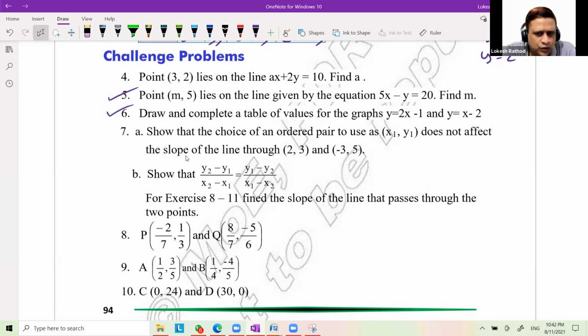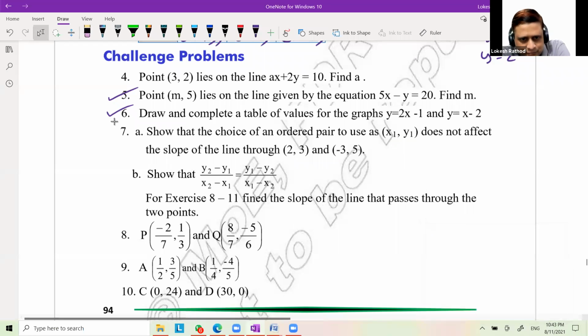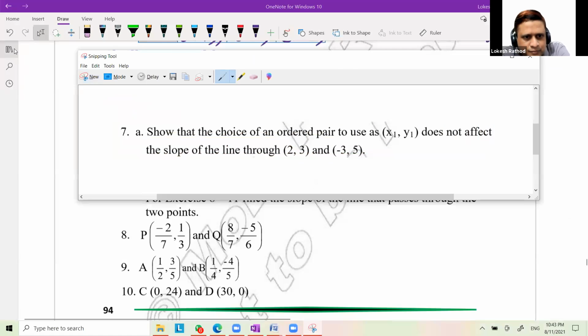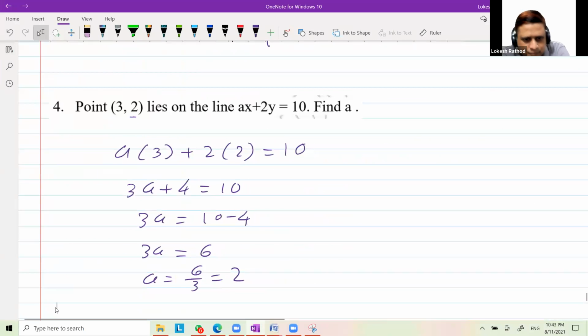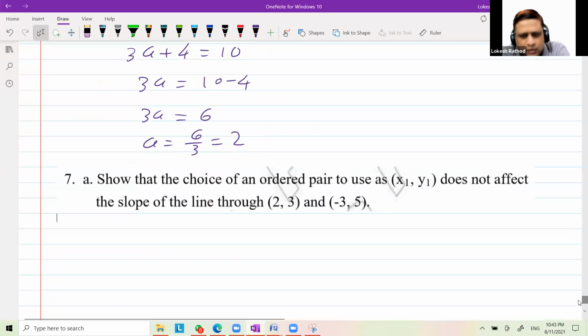Show that the choice of an ordered pair to use as x1, y1 does not affect the slope of the line through (2, 3) and (-3, 5). Yeah, that's true. We'll prove it. Suppose I want the slope of the line passing through these two points.